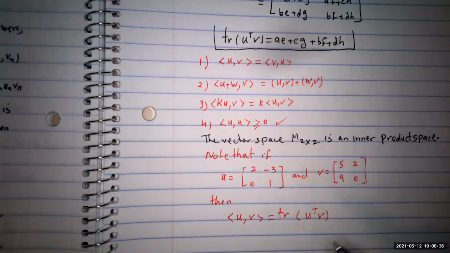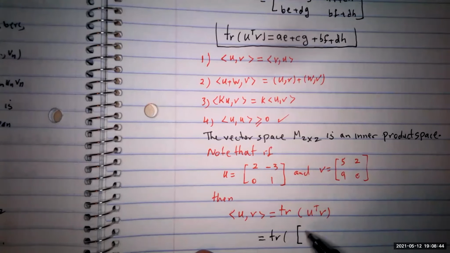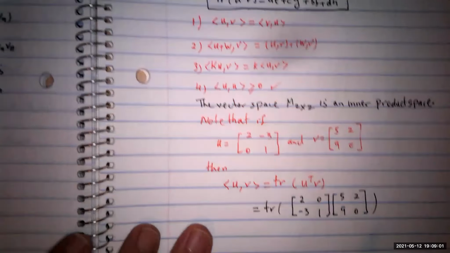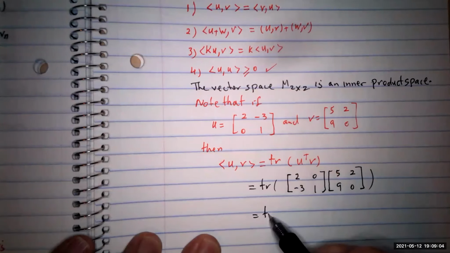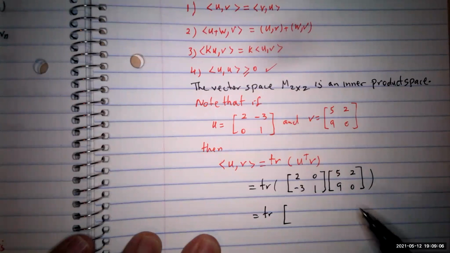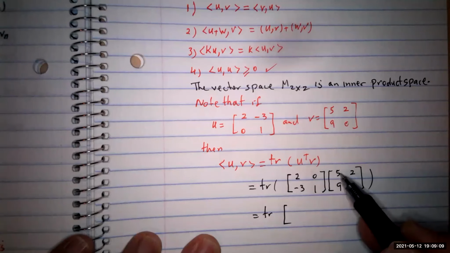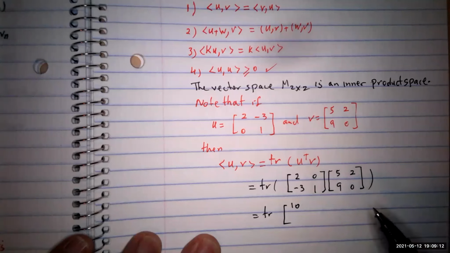So this is the trace of the product of u transpose, just switch the row and the column: 2, negative 3, 0, 1, times 5, 2, 9, 0. You add the entries on the main diagonal. So what's going to be the result? It's 2 times 5, that gives you 10. And over here, this is going to be 4.